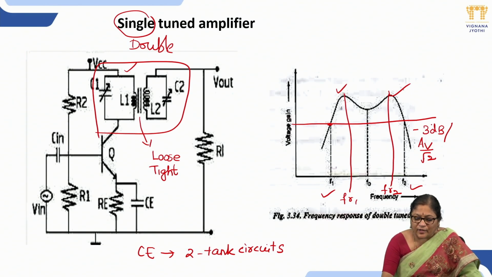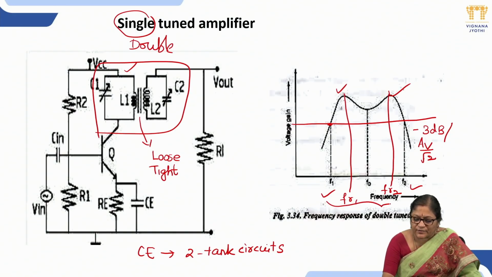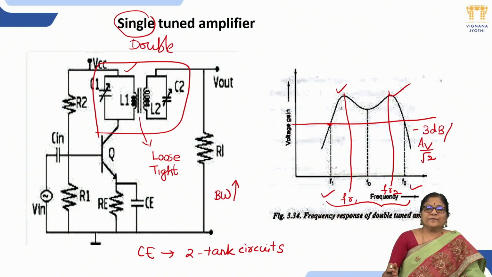If you take the overall frequency response, because it is producing two peaks at two different resonant frequencies of tuned circuit 1 and tuned circuit 2, the overall bandwidth, if you measure, is going to be very large. So in this case, bandwidth is going to be increased. If you still want to vary the bandwidth, the coupling will be used accordingly.